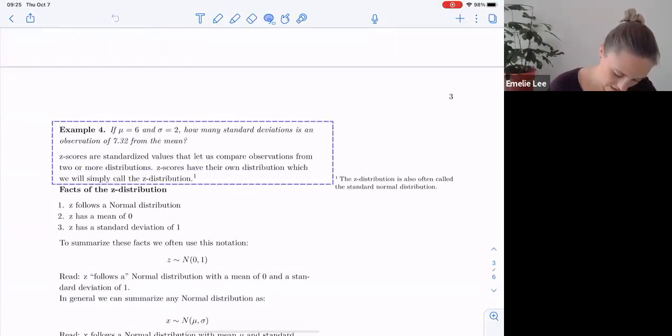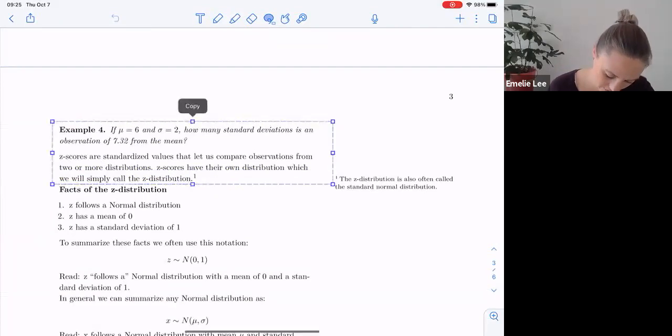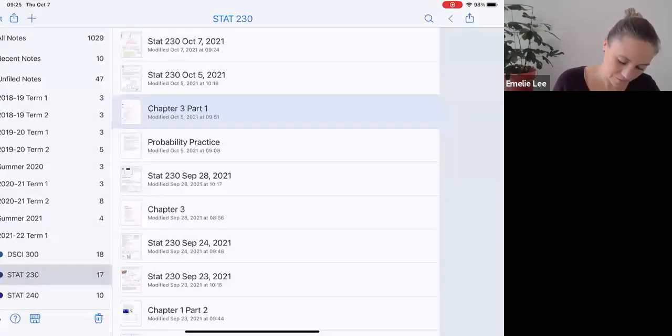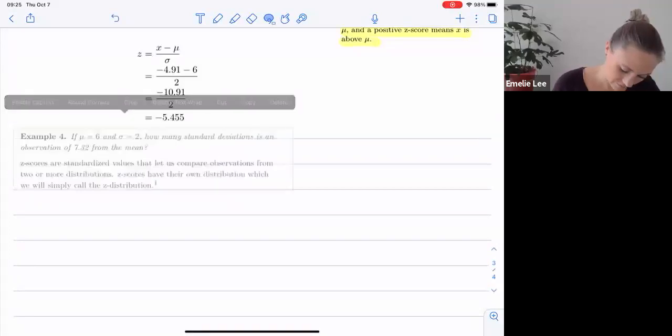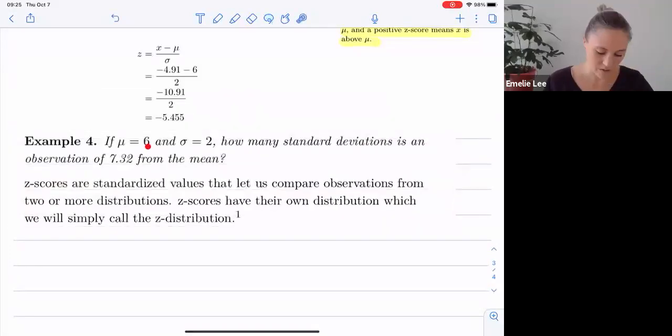Got another example. If mu is 6 again and sigma is 2, just keeping with those two values, how many standard deviations is an observation of 7.32 from the mean?